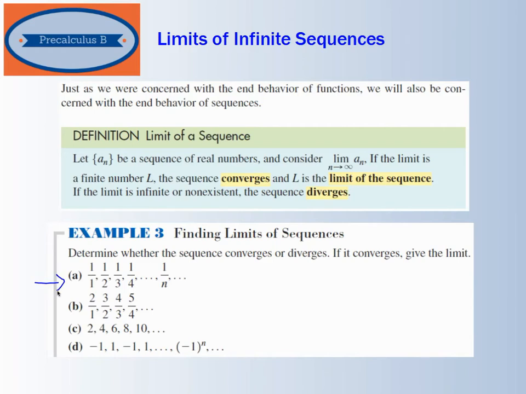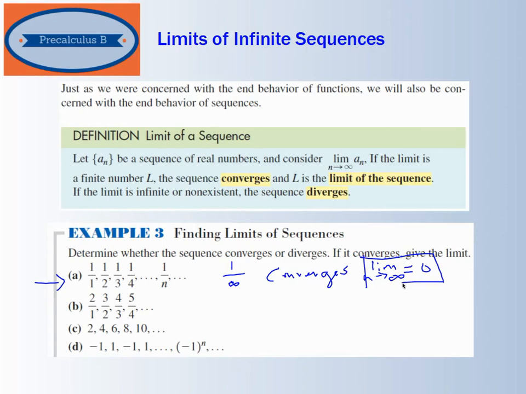Well, as n approaches infinity, it goes towards 1 over infinity, meaning it is converging. So it converges, and the limit as n approaches infinity is going to equal 0. All right. So in the first one, it converges and it approaches 0.